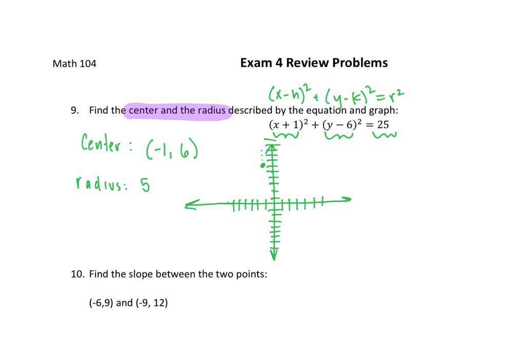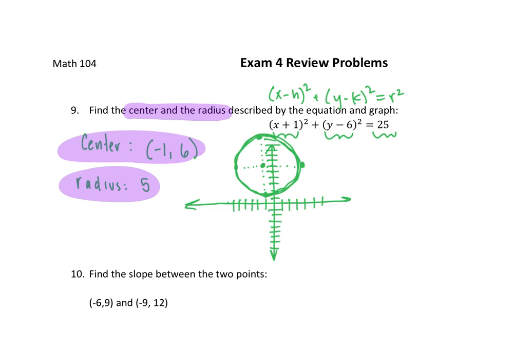Up, 1, 2, 3, 4, 5. Left, 1, 2, 3, 4, 5. Down, 1, 2, 3, 4, 5. Right, 1, 2, 3, 4, 5. My tick marks aren't perfectly spaced out, so my circle's going to look kind of funny. But there you go. So there is our circle. The most important thing for you is being able to find the center and the radius.